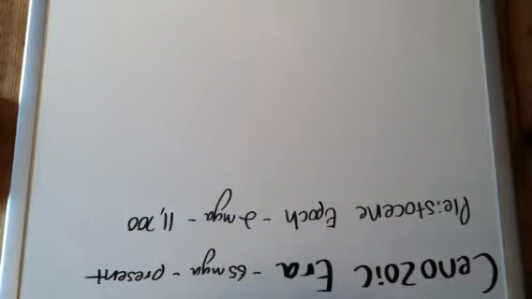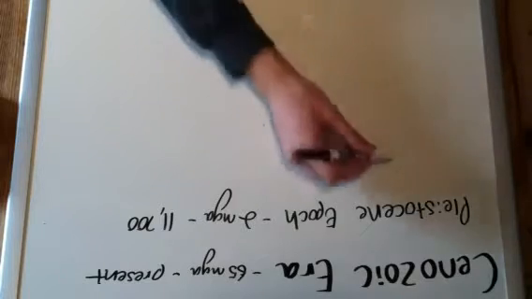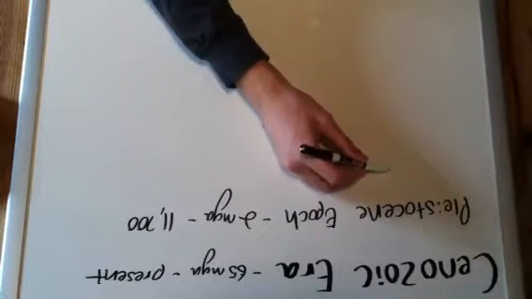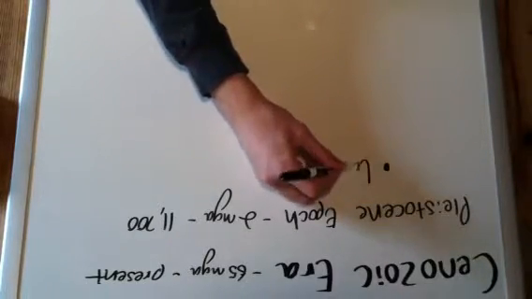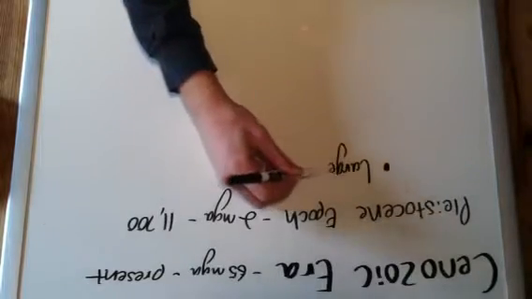Wow, we're getting almost down to it, aren't we? So the Pleistocene epoch was when we had large land mammals dominate.